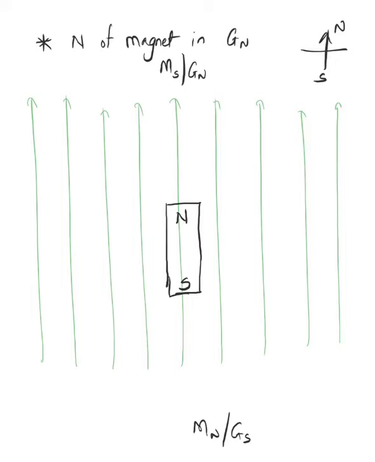Now, the magnetic field lines are coming from down, from the Earth, because it's a north pole, right? So the magnetic field line comes from here, but then it gets attracted to the south, so it goes like this. All the lines which are coming from here go and get attracted to the south pole of this magnet.